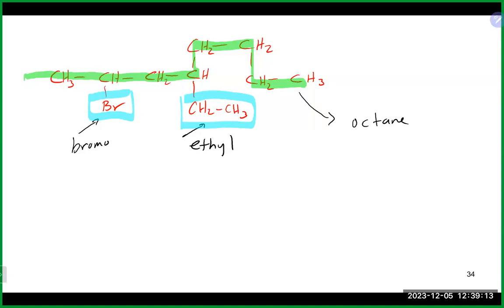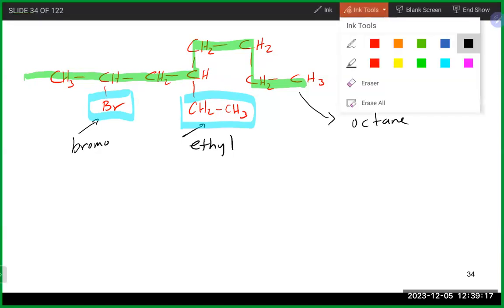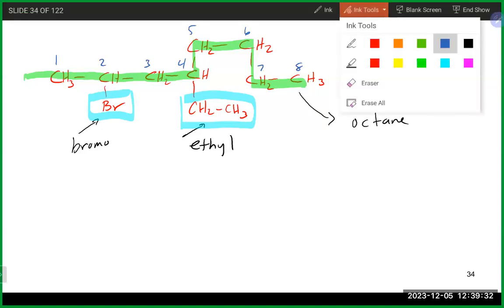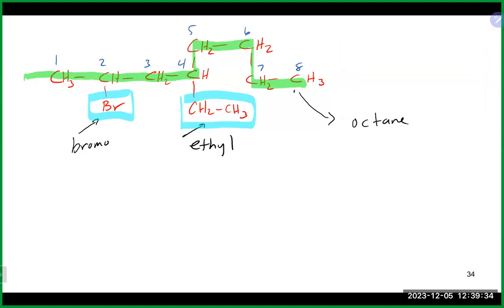What is left is we want to do a little bit of numbering here. So we're going to number left to right: 1, 2, 3, 4, 5, 6, 7, and 8. Your other option is to number the opposite way, starting here: 1, 2, 3, 4, 5, 6, 7, and 8.